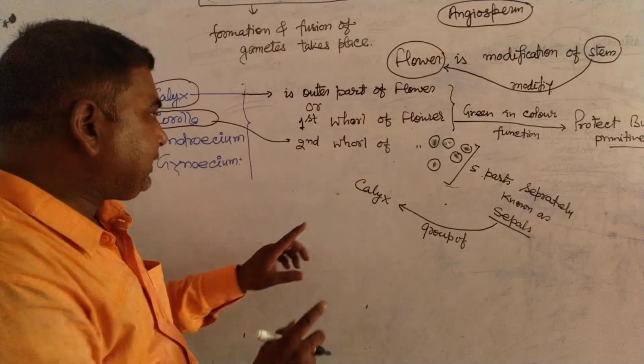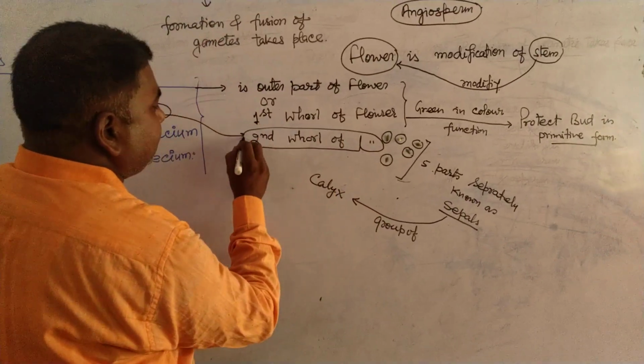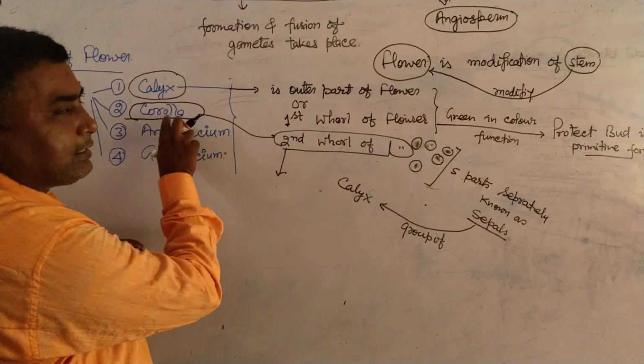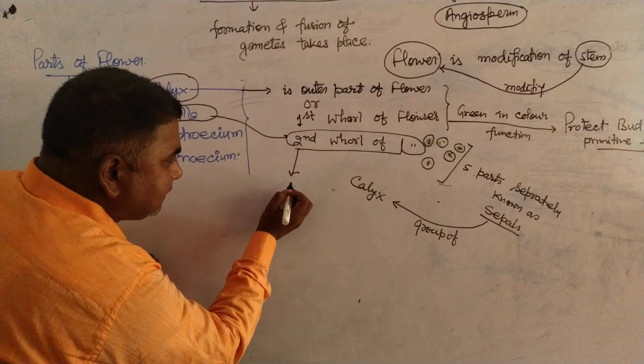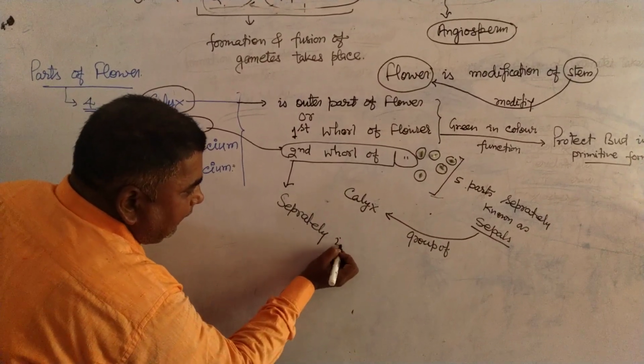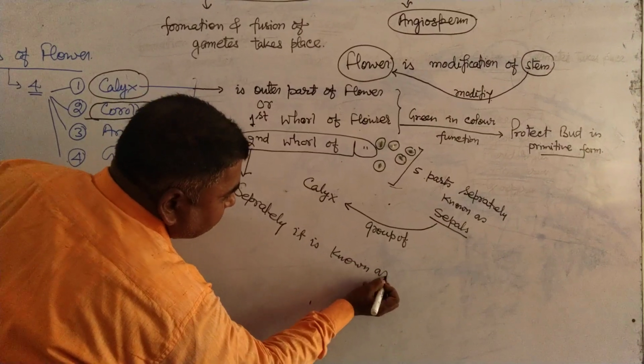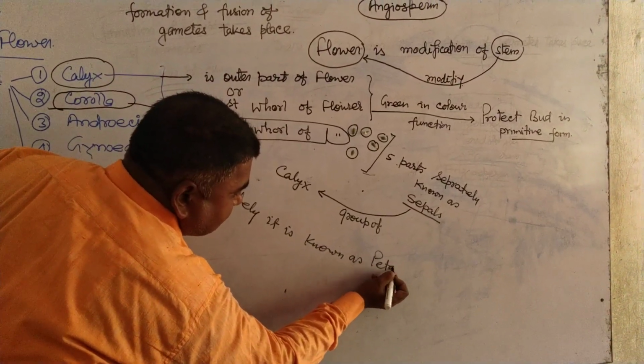Understood? Like this, the second one of this flower is known as corolla, but separately it is known as petals.